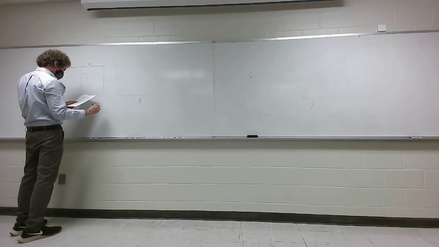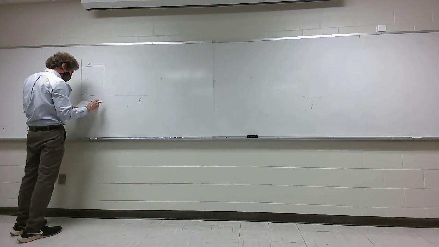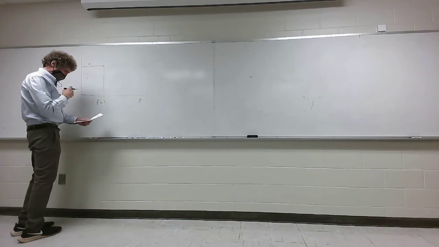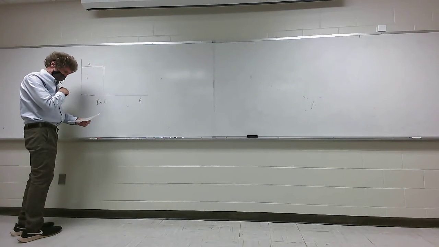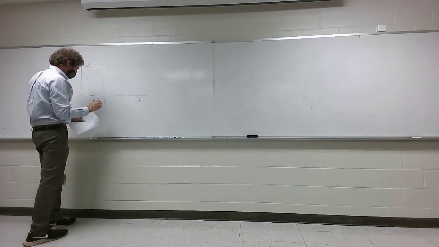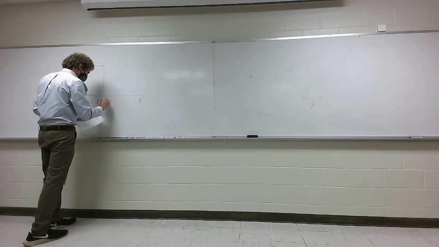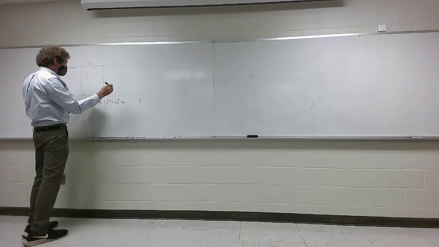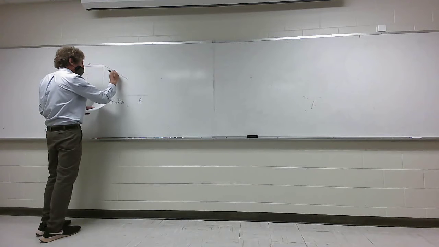Here's the first cut frequency, and this is F, not omega. F is equal to 1.592 times 10 to the third, right? And that's hertz. And then it's coming down at 20 dB per decade.